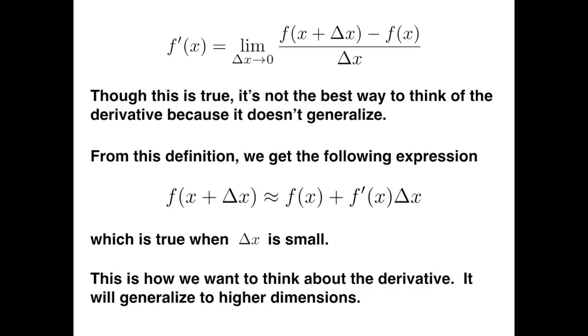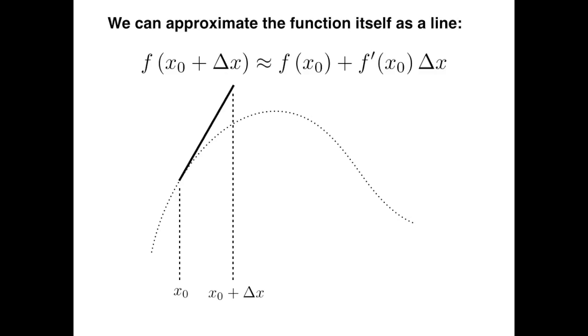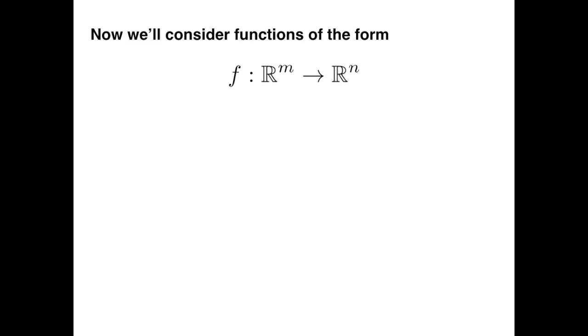This is how we want to think about the derivative. It will generalize to higher dimensions. And so now we can approximate the function at x naught as a line. F of x naught plus delta x is approximately equal to f of x naught plus f prime of x naught delta x. And this approximation is good when delta x is small.